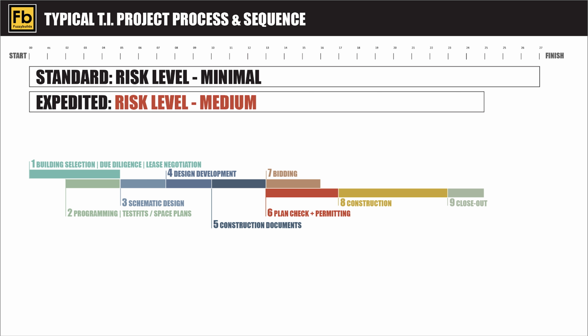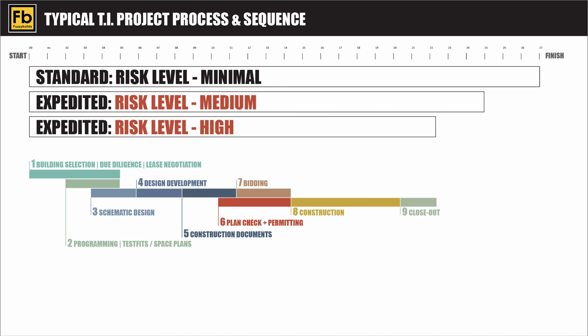The risk here is that you will probably not get the best pricing for those changes because now you've locked in the subs and there's no room for negotiation. Now, the next option comes with a higher risk. What I'm showing is submitting the construction documents to the city before they're bid ready.